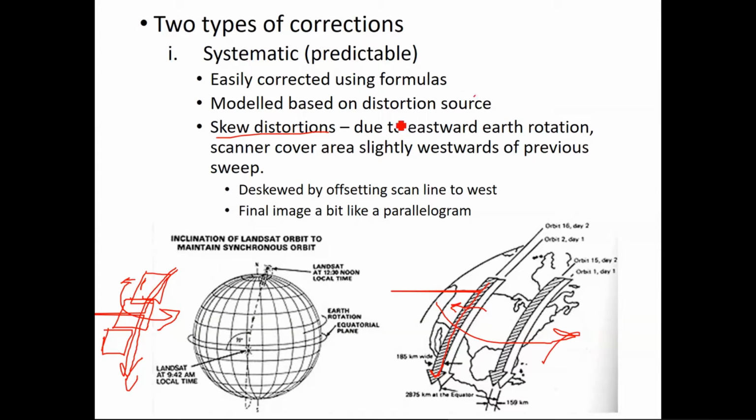So, as I mentioned, due to the eastward Earth rotation, the scanner covers an area slightly westwards of the previous sweep. So it can be de-skewed by offsetting the scan line slightly to the west.